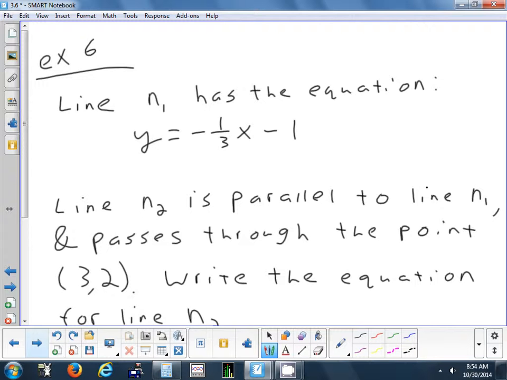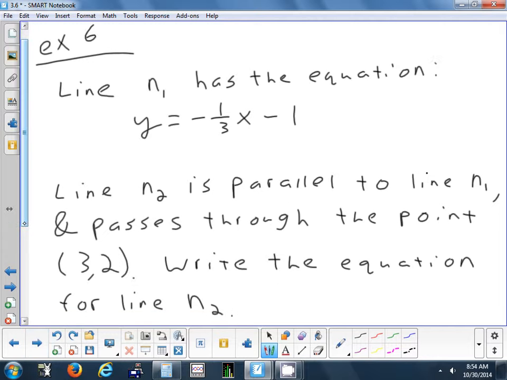I want to know the equation for line N2. Any thoughts on how would we start that? All we know about line N2 is that it's parallel to line N1, and it has to go through the point 3, 2.